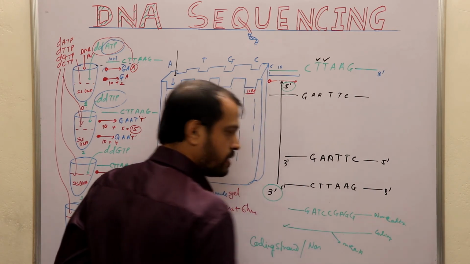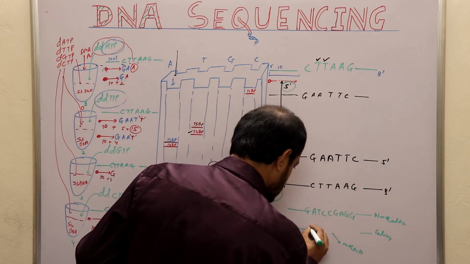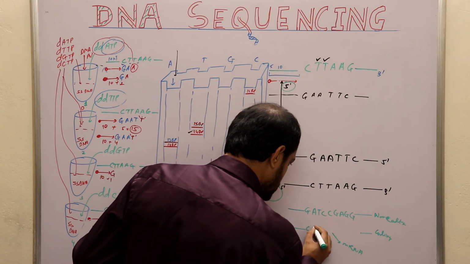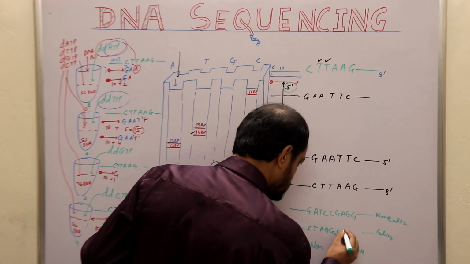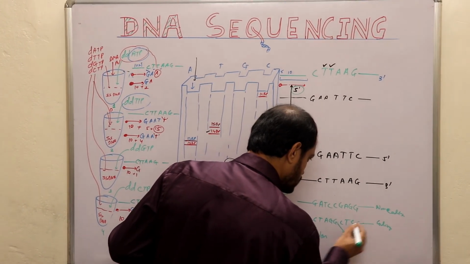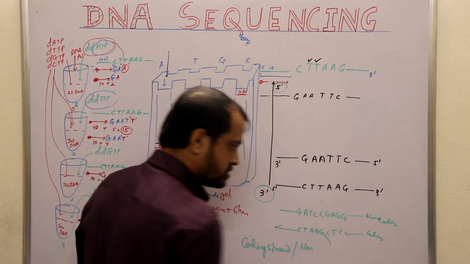Now listen. Suppose this is the DNA: C, T, A, G, G, C, T, C, C. Suppose this is your strand from which mRNA will be produced, right?